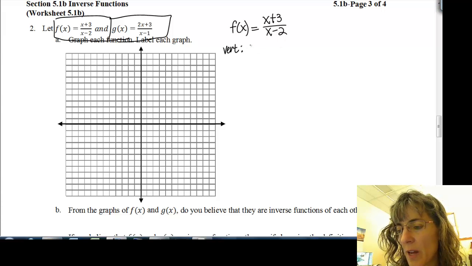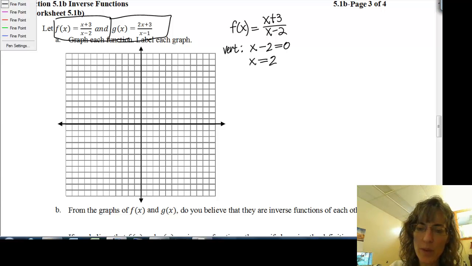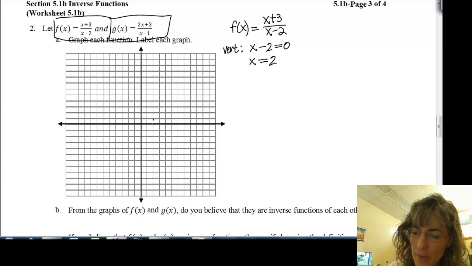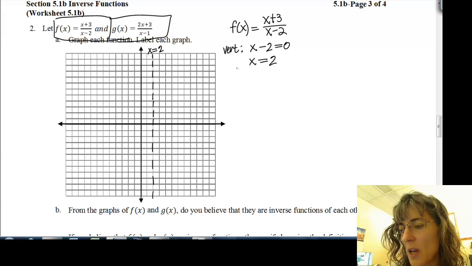And I know my vertical asymptote is going to come from that denominator set to 0, which gives me x equals 2. So that is my vertical asymptote. I guess I'll leave it as black. And I can mark that in. And I'll write above it x equals 2, just so I have it marked.